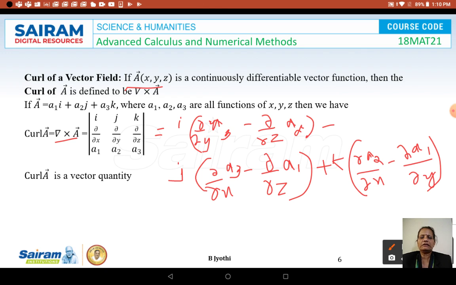This is given by the curl of A. So we have this as a vector quantity.